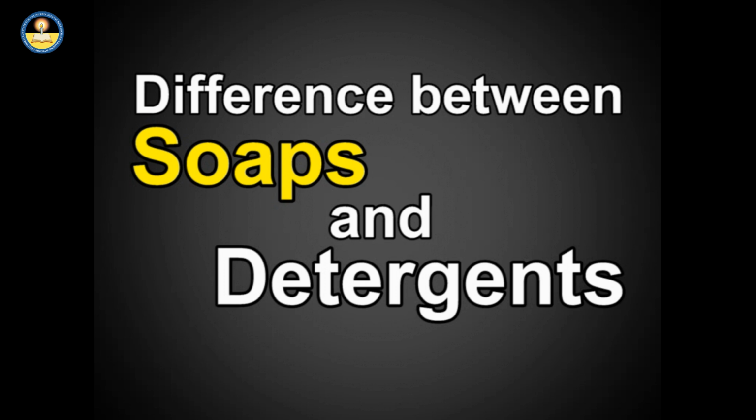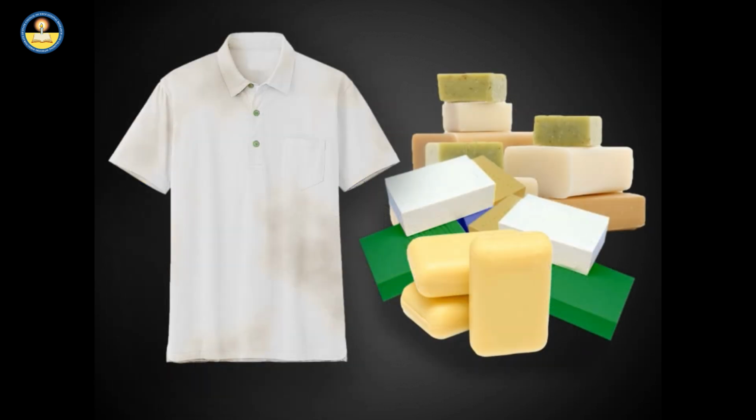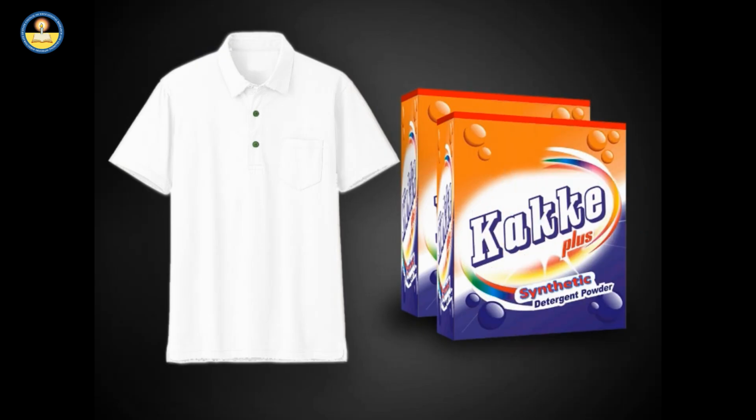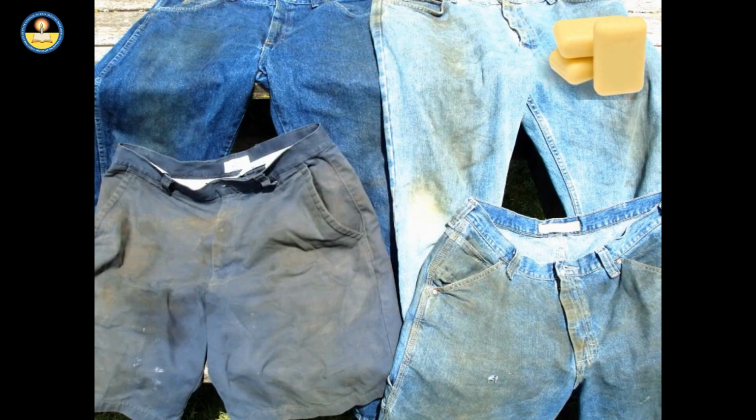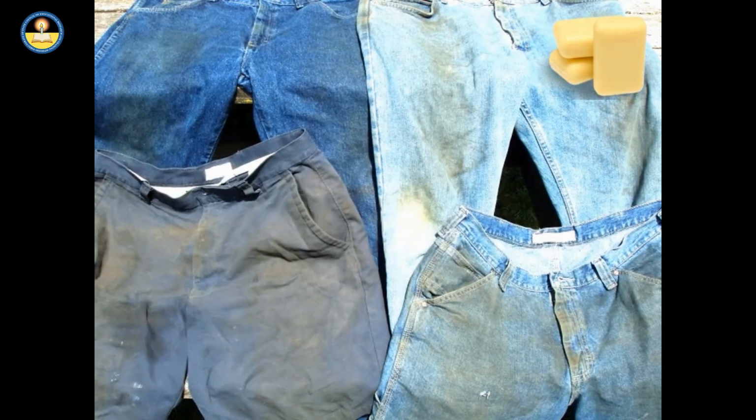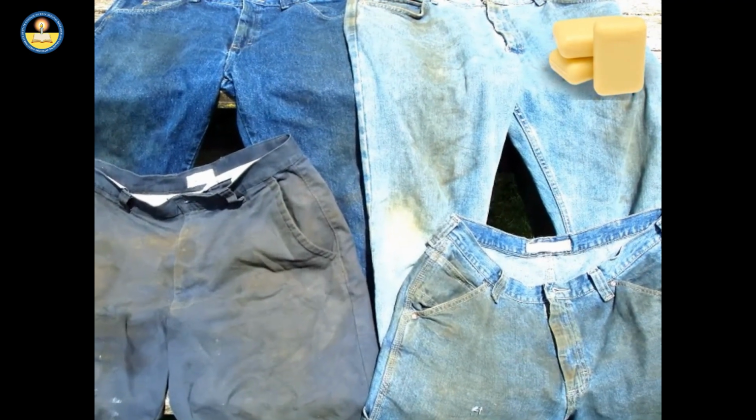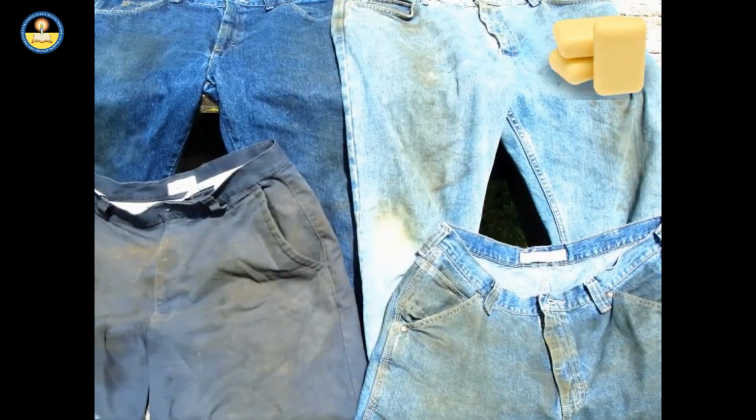Difference between soaps and detergents. Since the soap does not rinse out as well as detergent, it tends to build up on the clothes and over a long period of time causes the fabric to deteriorate while leaving an odor.